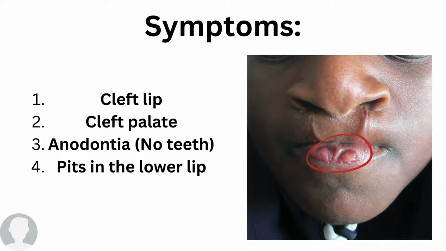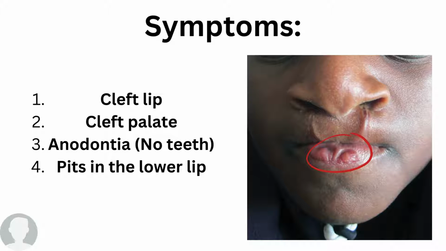Those patients will have, in addition to the clefts, anodontia. Anodontia can be either complete or partial. The one more commonly seen in those patients is partial anodontia, which means that they will have teeth, but less than 6 teeth are missing.